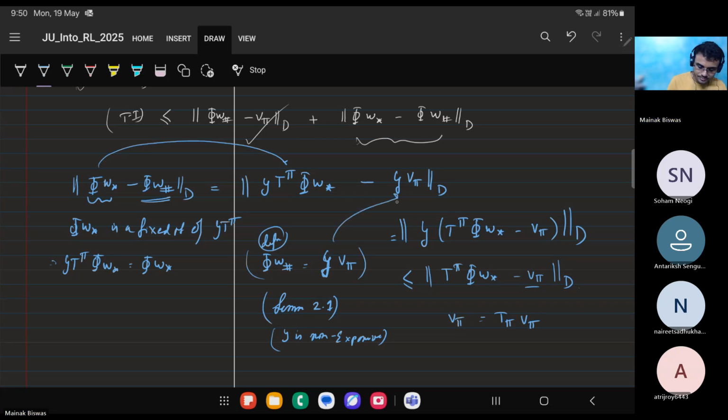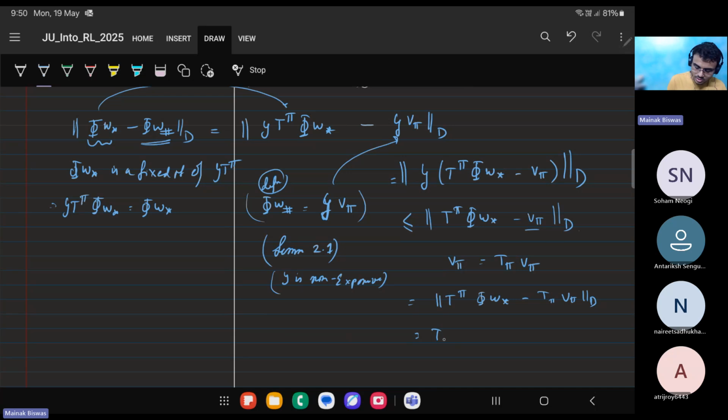Okay. So this I can write as T pi phi W star minus T pi V pi. Again, I can take T pi common as the operator. It's a linear operator. I don't even need to do that, sorry. So now T pi is a contraction, yes or no?